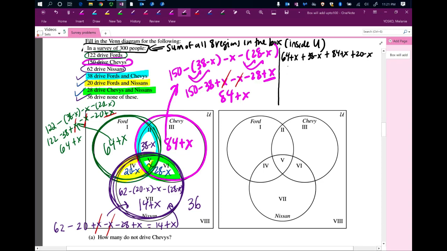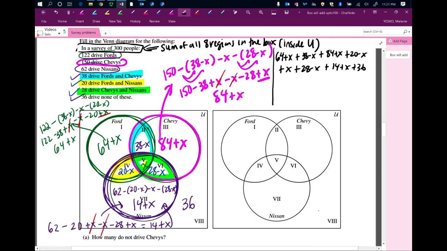I'm going to go ahead and just continue the equation down here. Plus x plus 28 minus x plus 14 plus x plus 36. And the sum, they told us, is 300. Equals 300. So let's start cleaning it up.